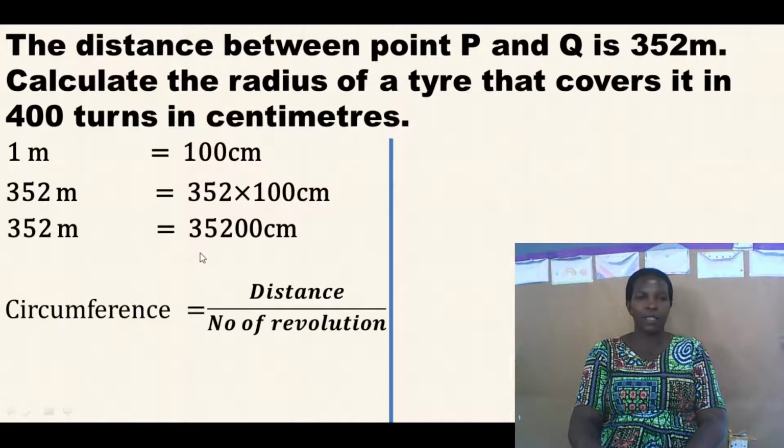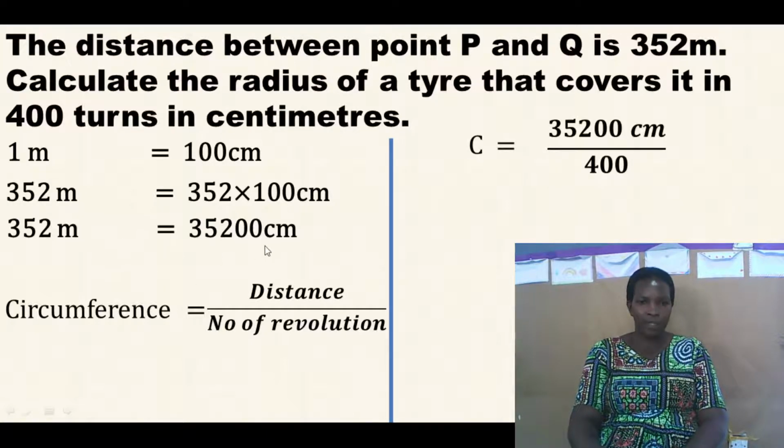The distance covered over the number of revolutions. The next step, we shall carry out the substitution. And as we substitute, our circumference will equal the distance, which is already in centimeters. Why is it in centimeters? It's because our final answer, the radius, should be calculated in centimeters.